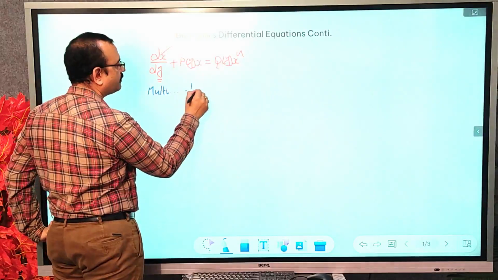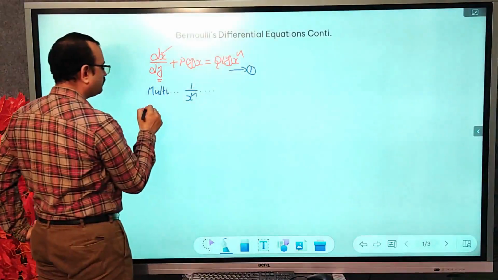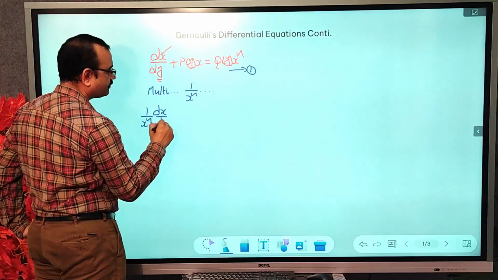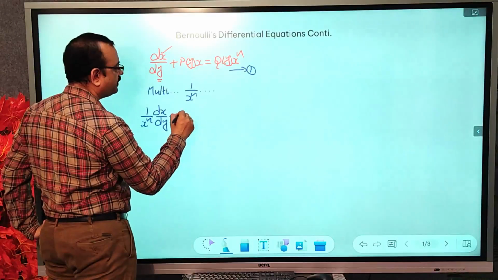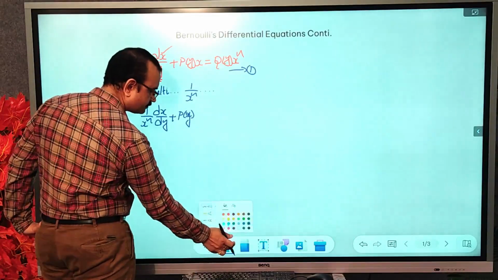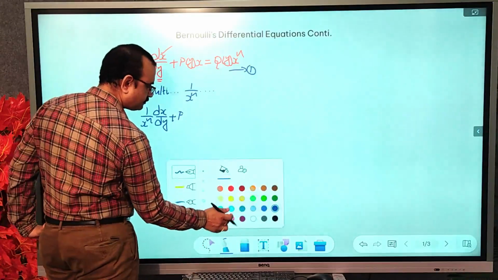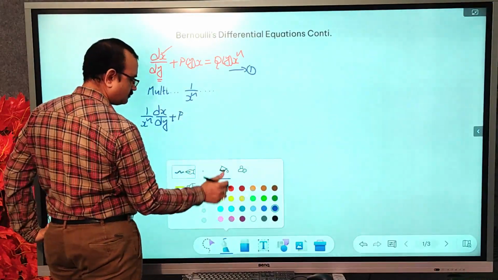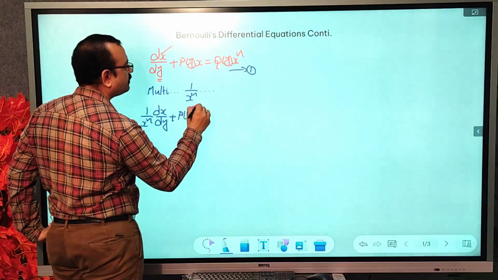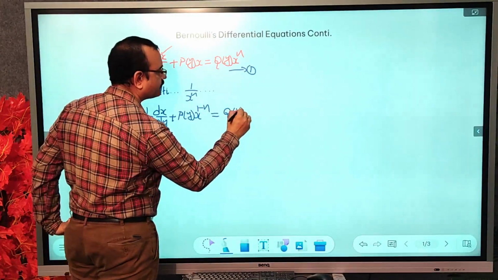Equation 1 then reduces to 1 by x power n into dx by dy plus p of y into x power 1 minus n is equal to q of y.